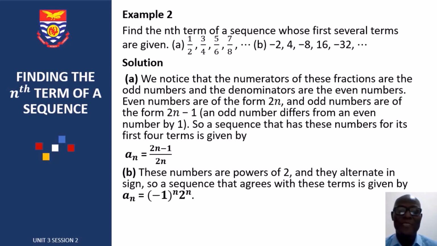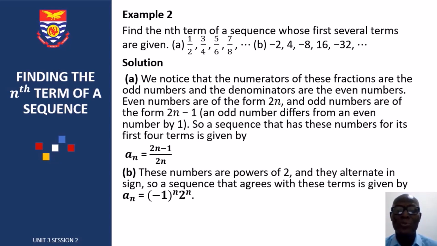To find the fifth term, we substitute 5 in place of n, so that our A subscript 5 is equal to (-1)^5 multiplying 2^5. Now (-1)^5 gives -1 because the exponent 5 is an odd number, but 2^5 gives 32.